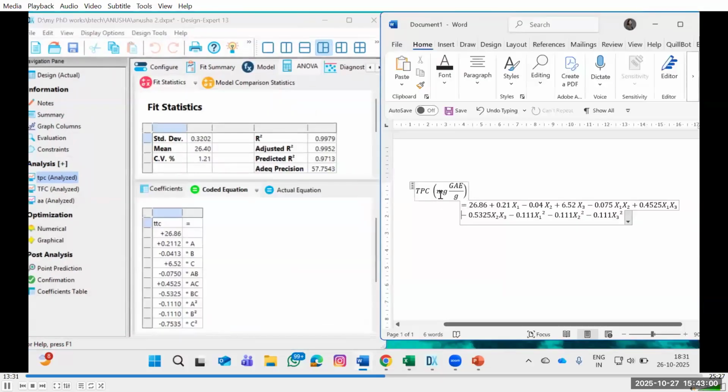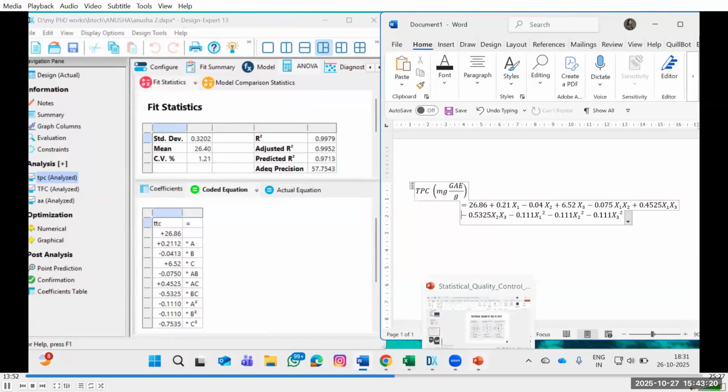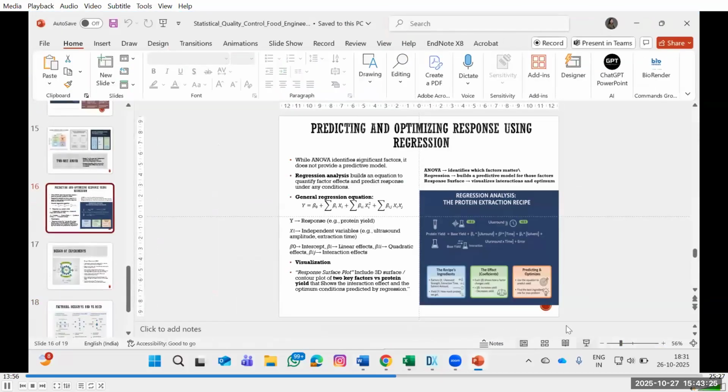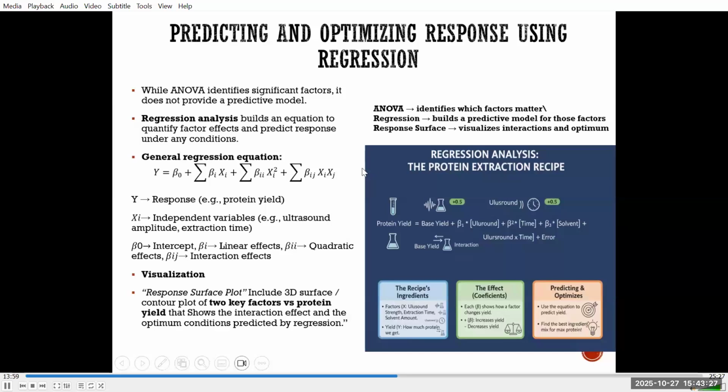Like this, I can show you the regression equation format. TPC will be represented by the coefficient, plus the linear forms, then the interaction forms, then the quadratic forms. Here 26.86 will be represented as beta 0, as I have shown you in the regression equation model.